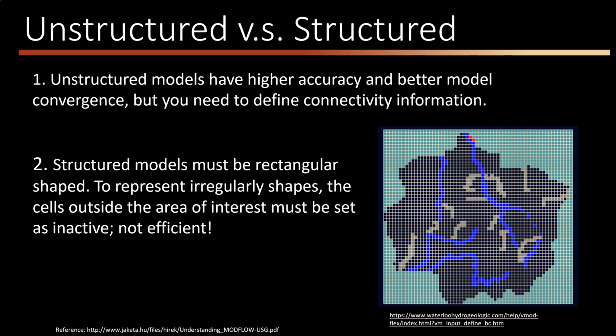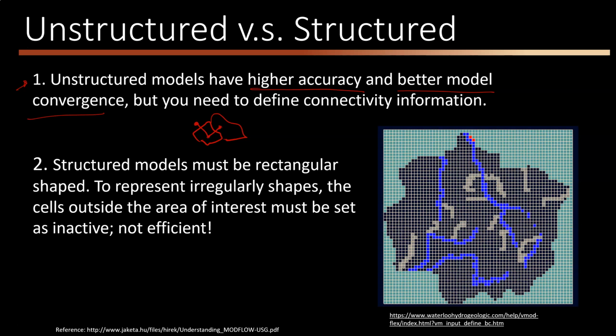Okay, so let's talk about the differences. The first difference is that the unstructured models have higher accuracy, and they usually converge better compared with the traditional structured system. On the other hand, since they have different shapes like this, defining the connectivity between each node, or addressing these nodes, is a little bit more complex.